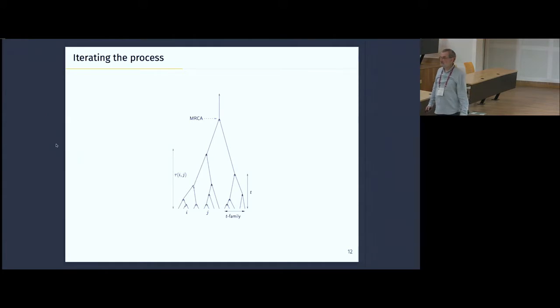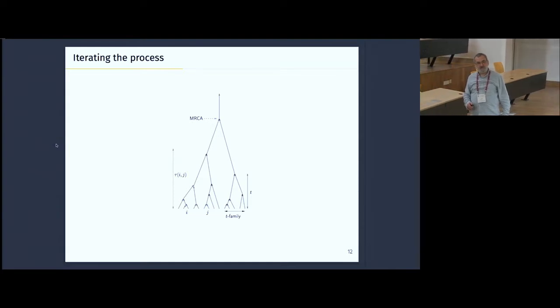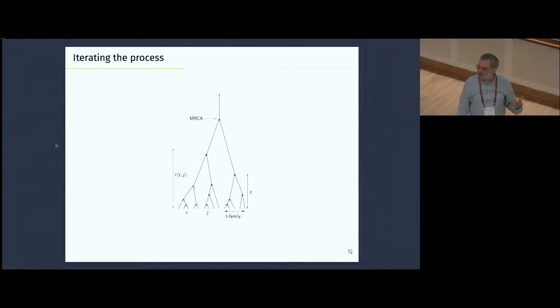Now, what we can say is, for instance, if we consider a subset of these individuals whose last common ancestor existed T generations ago, we can call it a T family. So one of the questions is, how are the sizes of T families distributed? This is what the coalescent is going to answer.